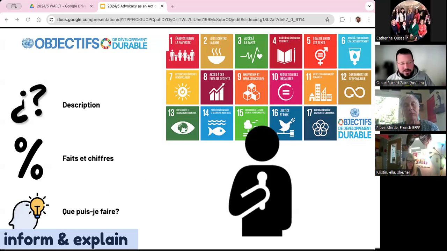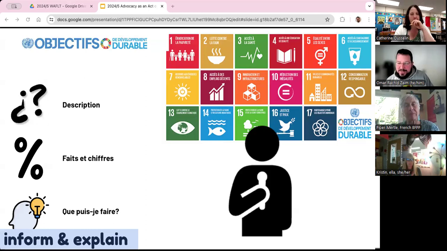In French, we've read the horoscope. Yes, Catherine, fellow Aries. And so we use the horoscope to make predictions about the future and see how accurate those predictions are. So I start with something personal and then have them make predictions in turn about the sustainable development goals. So I go from personal to something that's attached to these goals so that we're using these structures in context. That's one way that I've really enjoyed it, just because it brings me a lot of joy.